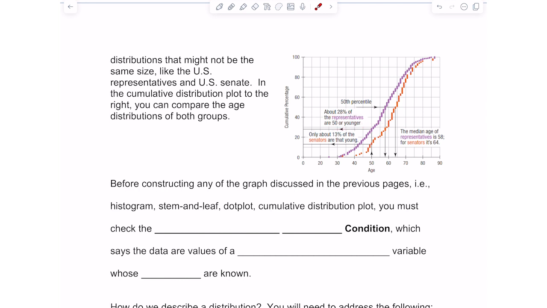About 28% of the representatives are 50 or younger. Okay, so that's the representatives right here. So 50 or younger. And then 13% of senators are that young. So here's the senators right here.